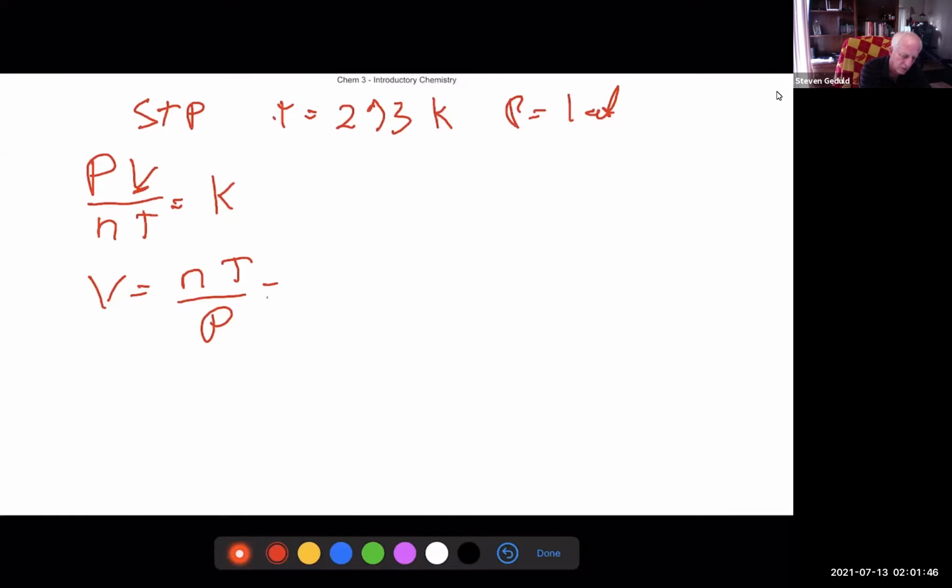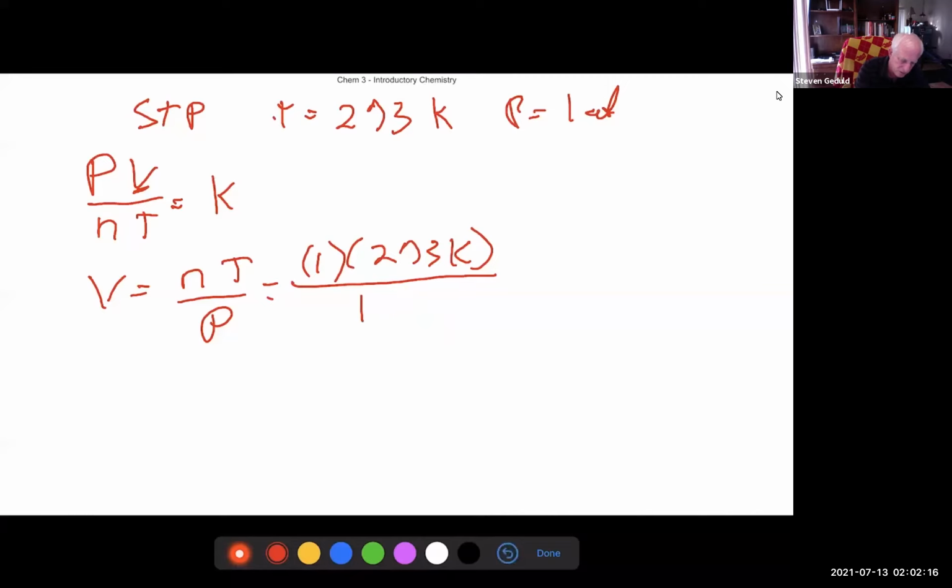The number of moles is 1, 1 mole of any gas at STP conditions. Temperature is 273 Kelvin, and pressure is 1 atmosphere. I'm missing out my constant here. Let me back up a little bit.